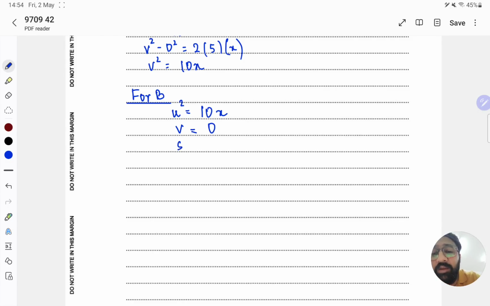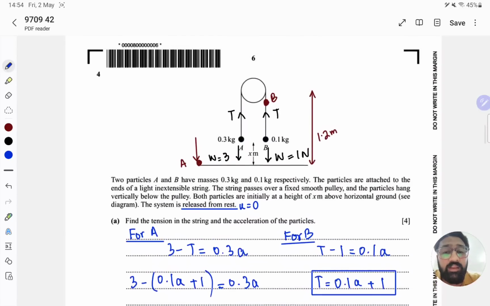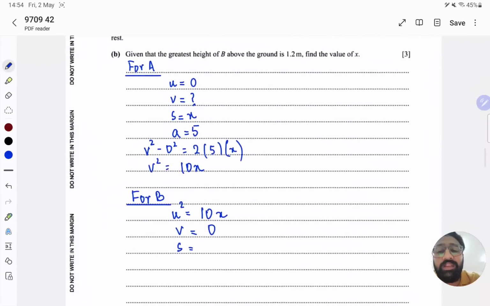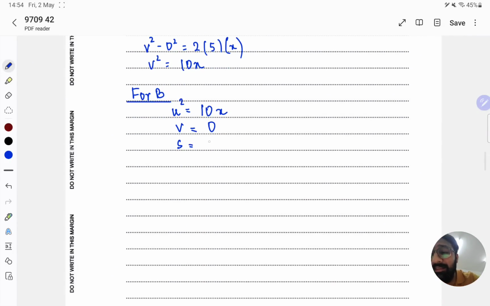This is object B, and it is going to travel the same distance as object A has traveled to reach the ground, and that is x. Since object A is traveling x meters down, object B is also going to travel x meters up. So the total distance is going to be 1.2 minus x, because it was already x meters above the ground.